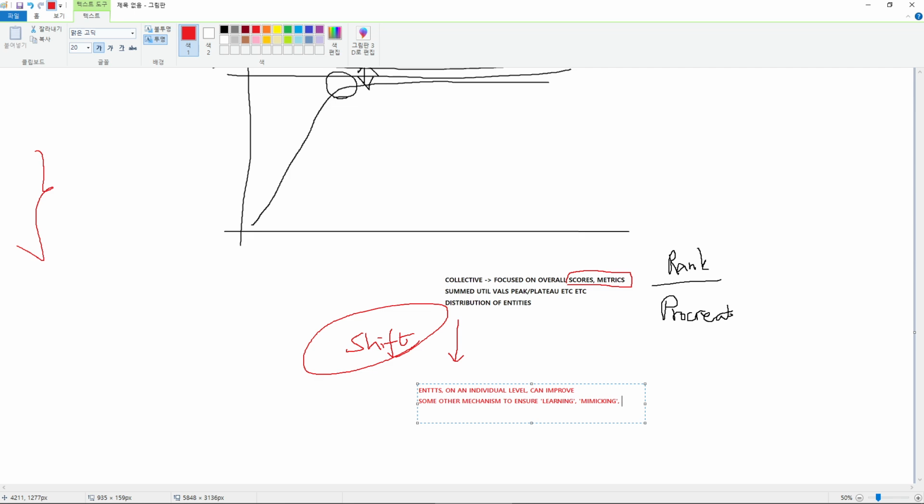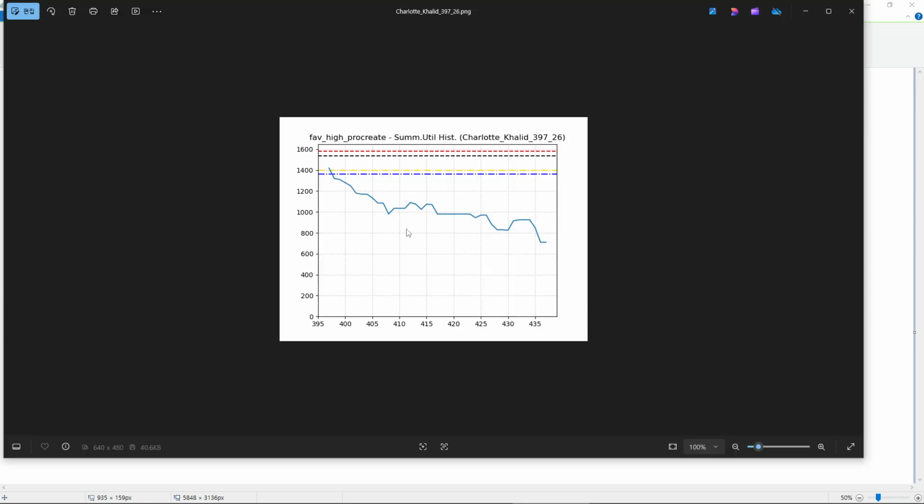Mimicking, or just anything for this entity, for example Charlotte Khalid, to start from there, and then, although it fell down a bit, a way for this entity to make some choices so that it can go back up, so that it can maybe recover, or maybe even just go above and beyond how it used to be.